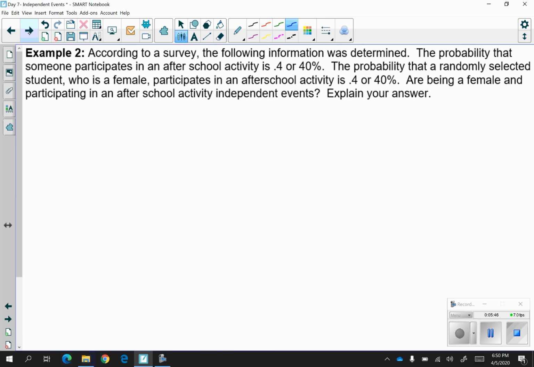Let's try another example. According to a survey, the following information was determined. The probability that someone participates in an after-school activity is 0.4, or 40%. I'm going to write that down.